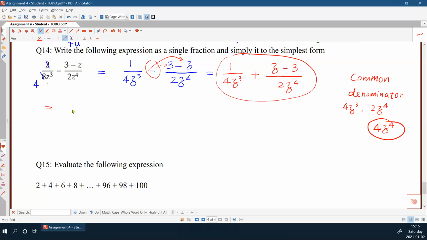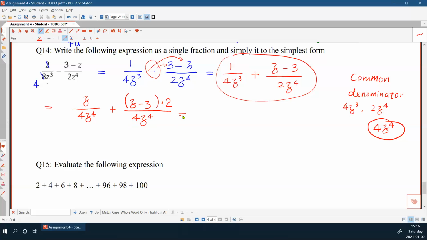So if we rewrite the first term using a common denominator, 4z to the fourth, the numerator here becomes a z. And the second term, if we use common denominator here, 4z to the fourth, numerator, we have to times it by 2, right? Because 2 cancels 4, it gives a 2 here.